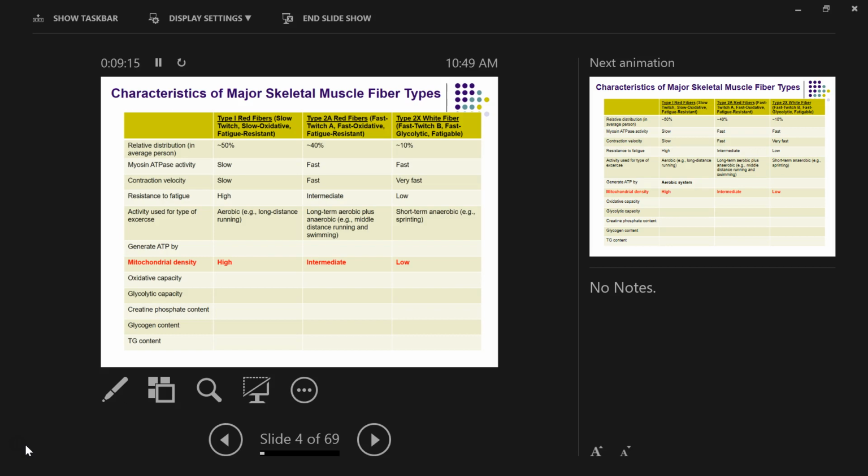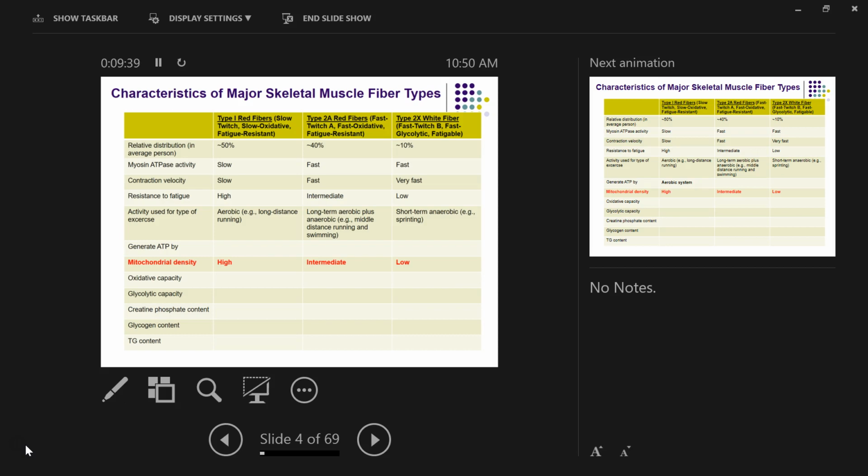The oxidative capacity is then very easy to understand, because of the high mitochondrial content. So type 1 fibers should have a higher oxidative capacity, and 2X has a lower oxidative capacity.